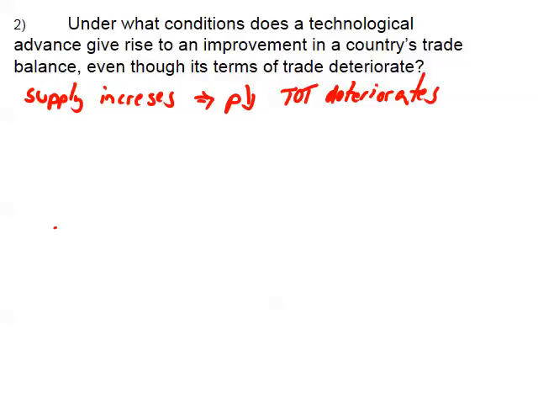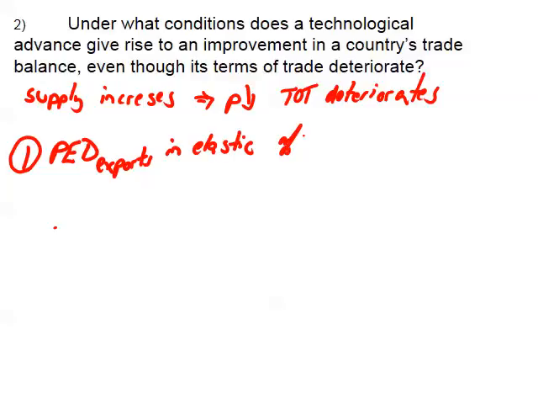So let's look at situation 1, where PED for exports is elastic. So we're looking at percentage change in quantity demanded of exports over percentage change in price. We know from up here that price has gone down. We know that according to the law of demand, quantity demanded will therefore increase.